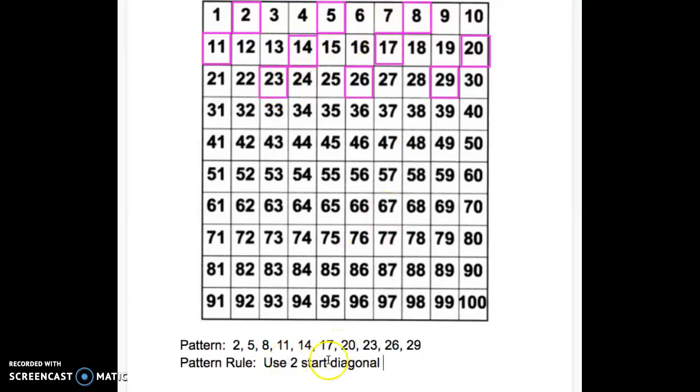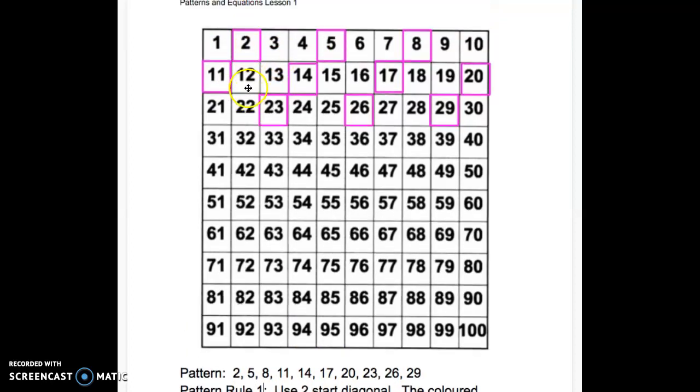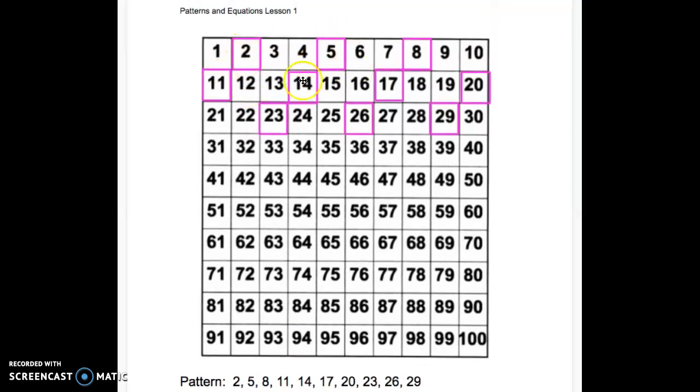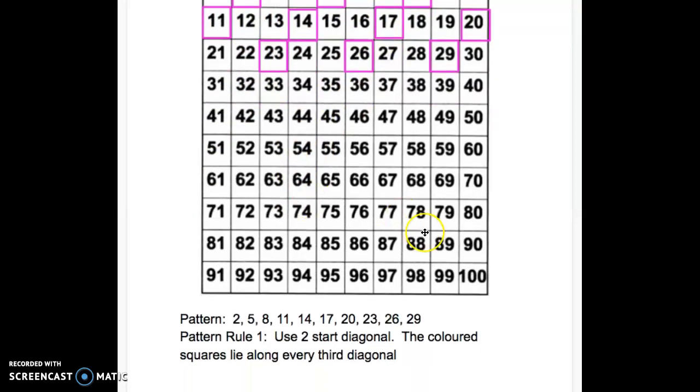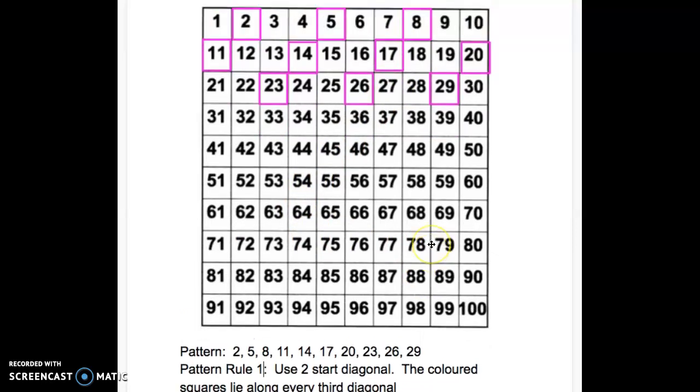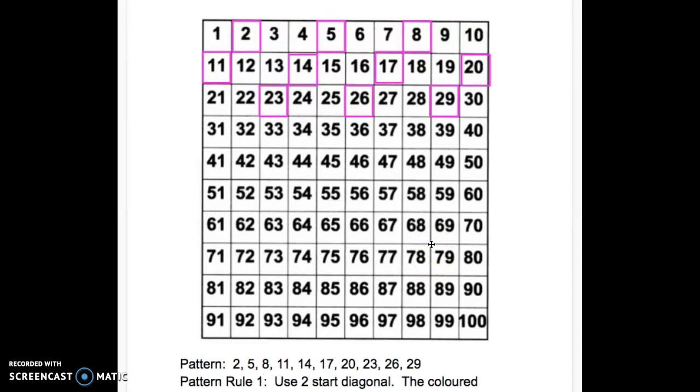So we're using 2 as a start diagonal, and the colored squares are lying along every third diagonal. This is one way that I could describe the pattern, so that these numbers are all going to be diagonal from each other. This rule could help me solve the pattern going forward, how I could figure out what numbers are going to come next.